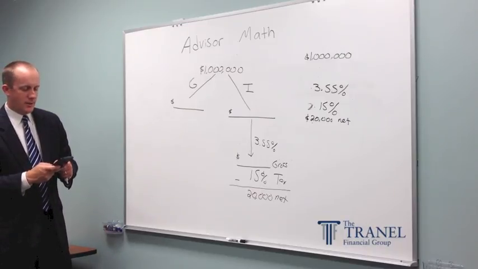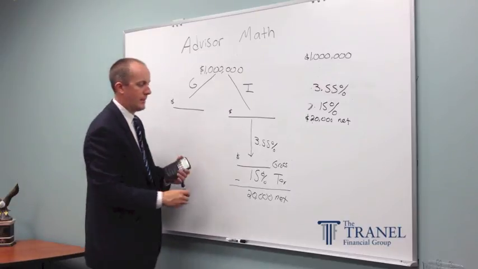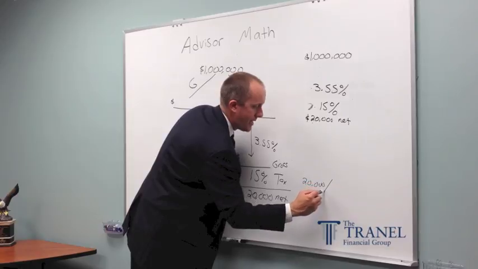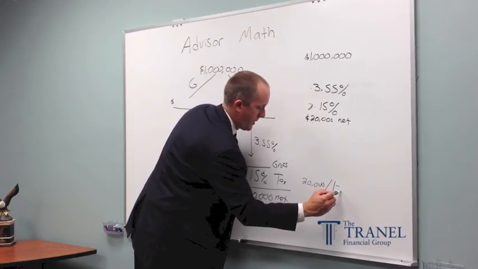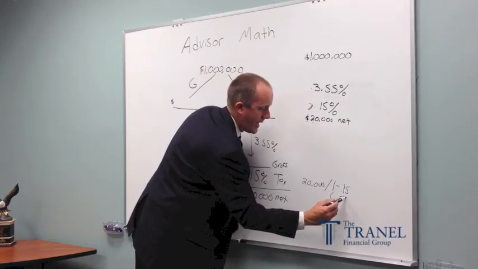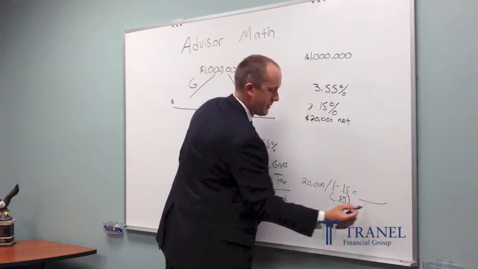So $20,000 divided by 0.85. I need to take $20,000 divided by 1 minus 0.15, which of course equals 0.85, equals X, what we're solving for.